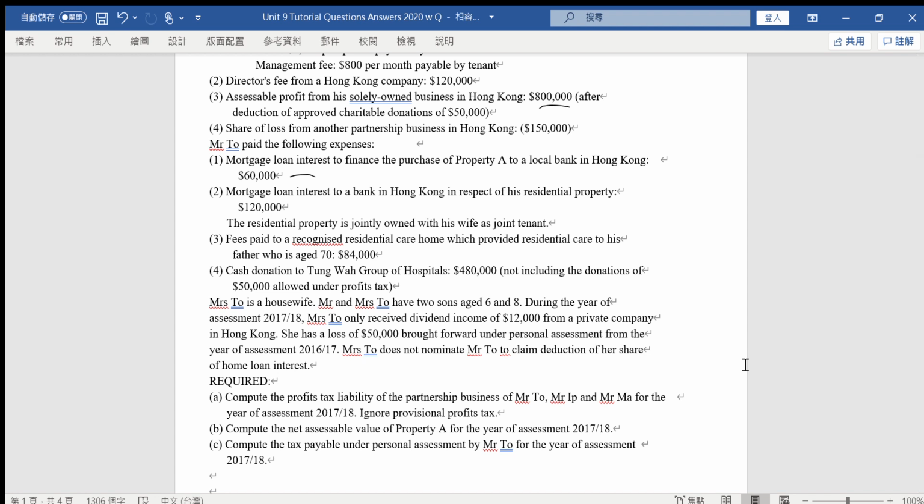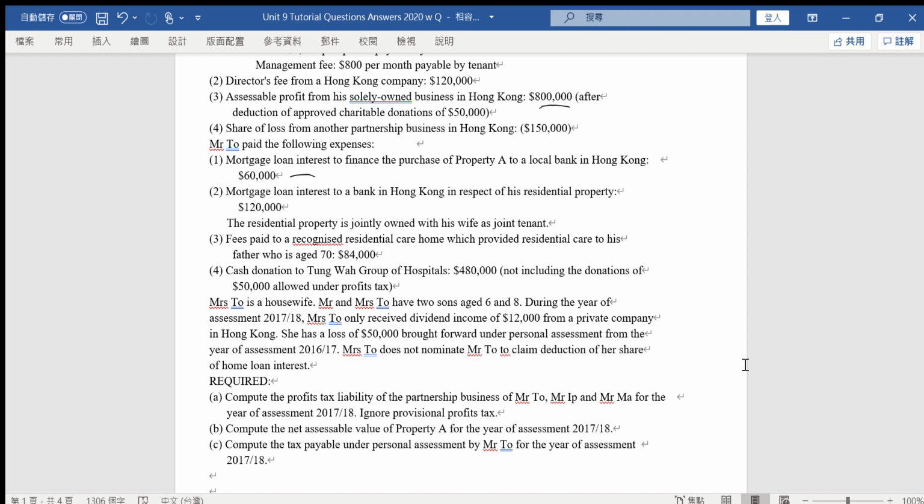Mr. and Mrs. To have two sons, 6 and 8. And in this year she only received dividend income, which should be excluded from any tax. And then she has a loss brought forward of 50,000 under personal assessment from the previous year.